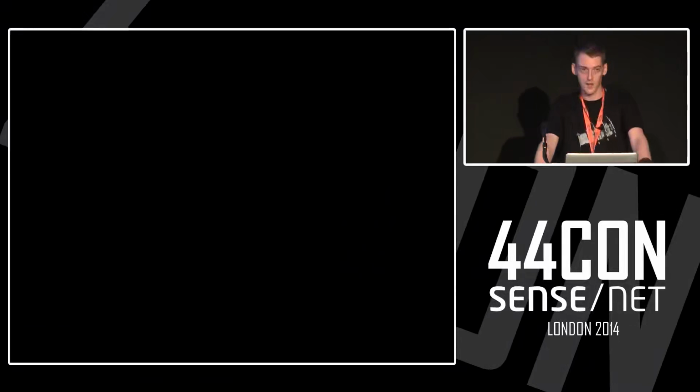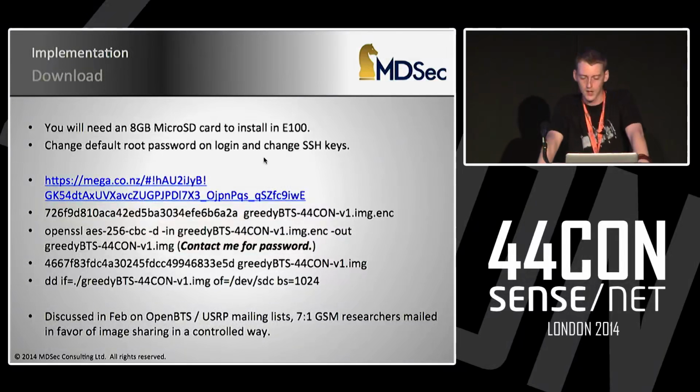So if you want GreedyBTS, you need an 8 GB micro SD card. You can download it from this URL here. It's OpenSSL encrypted. If you want it and you're interested in researching GSM environments, I'm more than happy to share it with you. Just get in touch with me for the password.